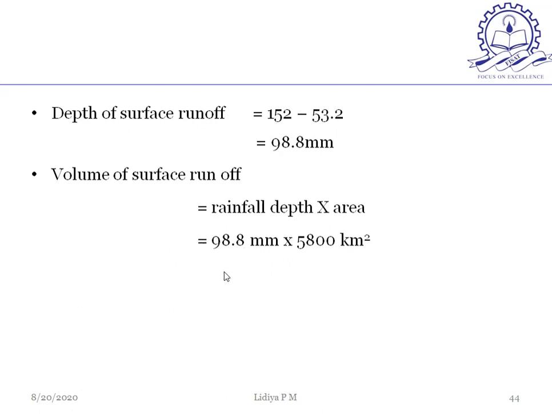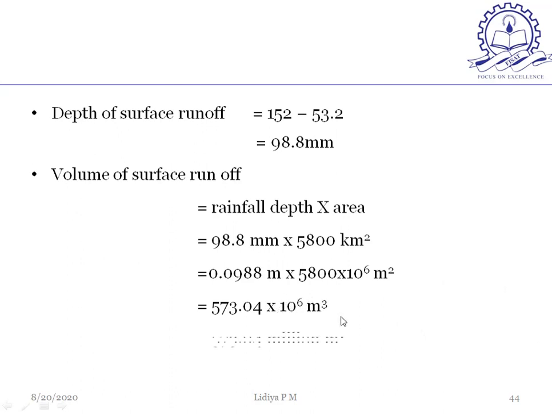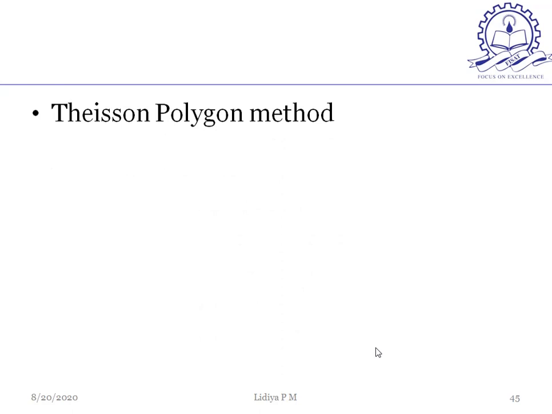Convert that into one unit, that is meters: mm into meter and square kilometer into square meter. We have to represent the answer in million cubic meters, so I am writing in terms of 10 raised to 6. 10 raised to 6 represents million. So this is the answer, 573.04 million cubic meters.